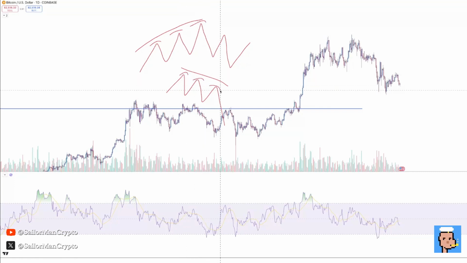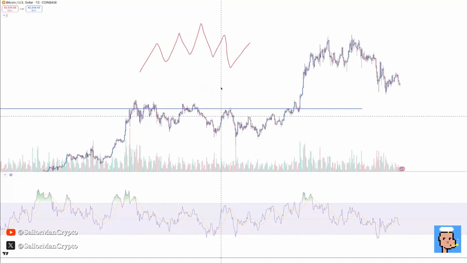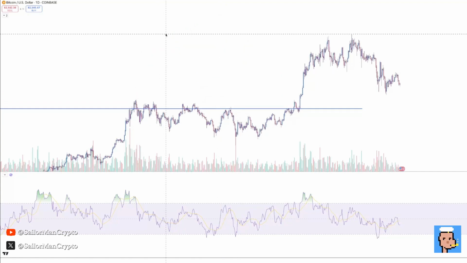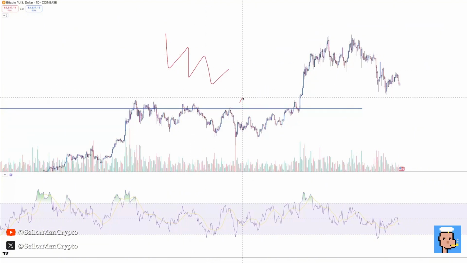So we take tops. On the bullish divergence, we want to see the opposite. In a bullish divergence, we will have price going down like this, and we want to see RSI going up, showing a bullish divergence. In this case, price is making a lower low and RSI is making a higher low.